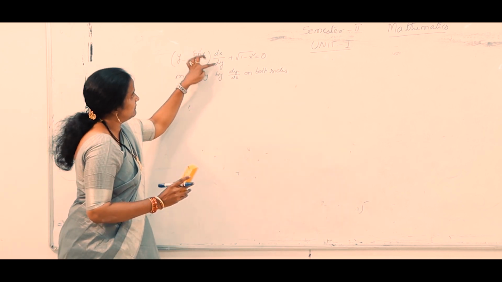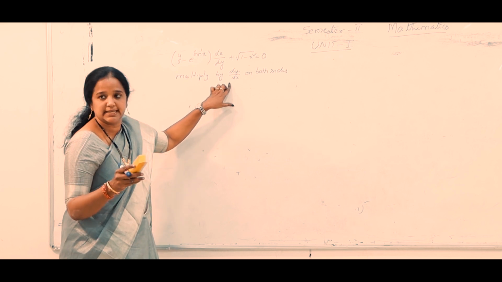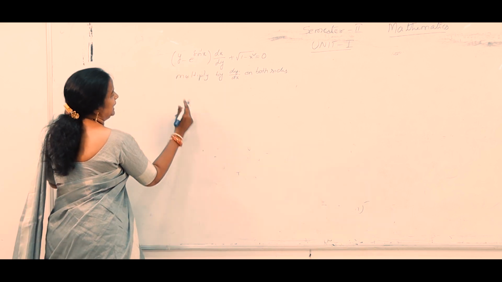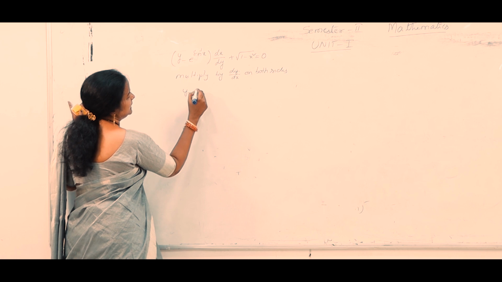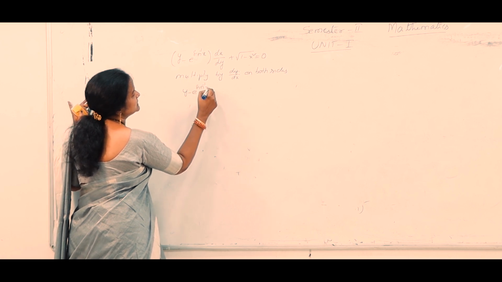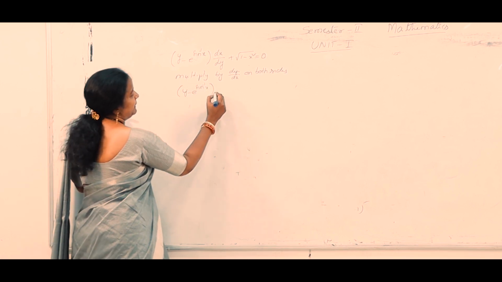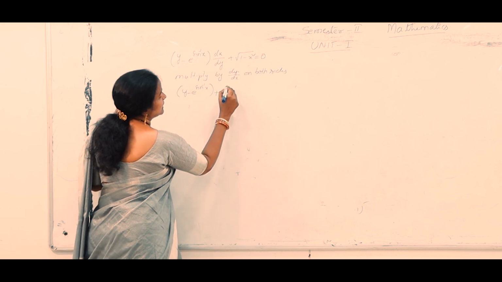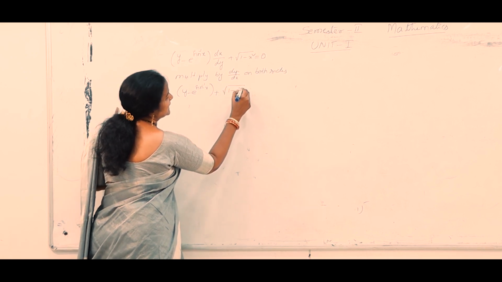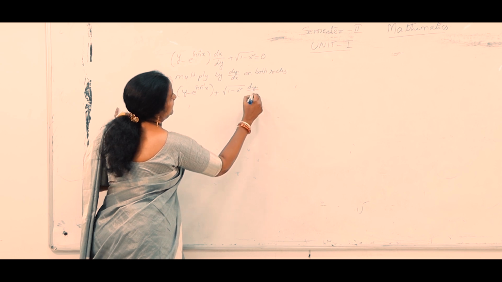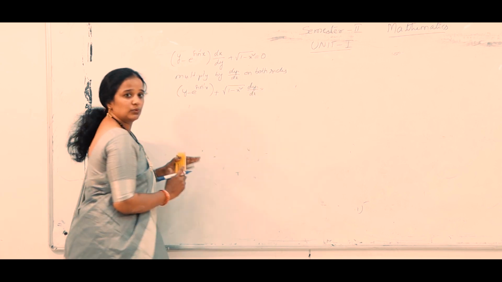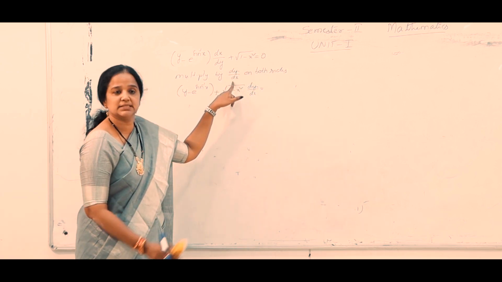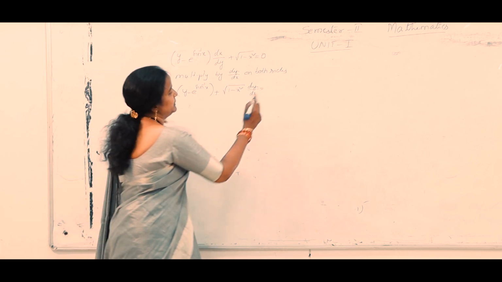So dx by dy into dy by dx, both get cancelled. So here only y minus e power sin inverse x plus root of 1 minus x square into dy by dx is equal to 0 into dy by dx, so that will be 0.